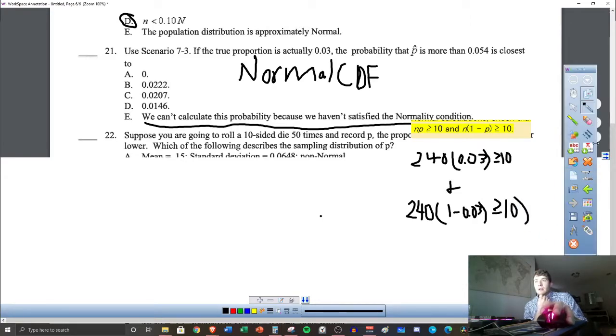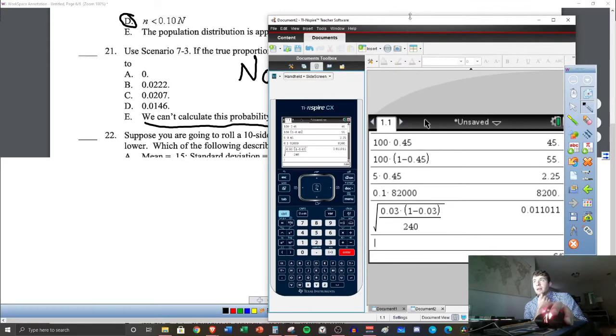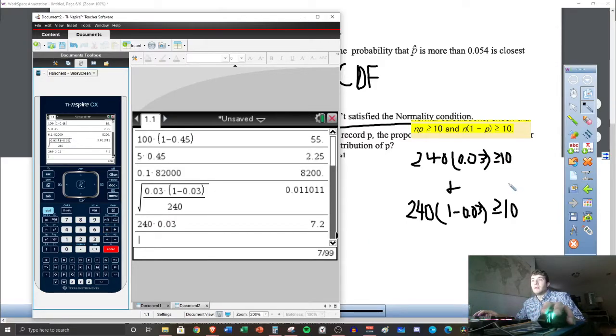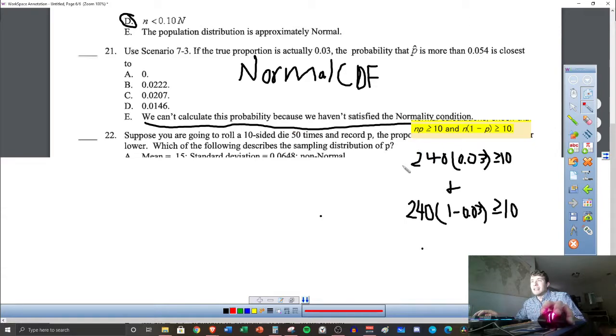Okay, so that's what we want to find out, and I'm going to just type this in here to confirm it. So it's 240 times 0.03, so that's 7.2. Is 7.2 greater than or equal to 10? It is not. So it fails that one.